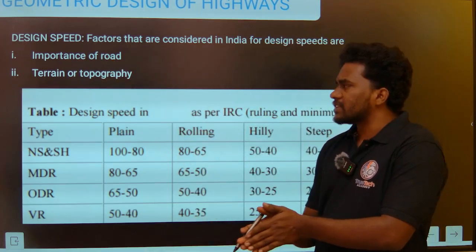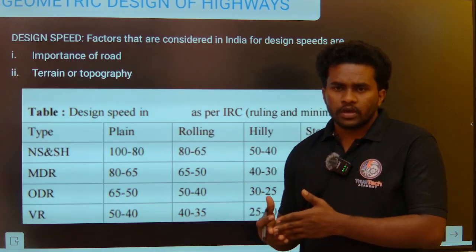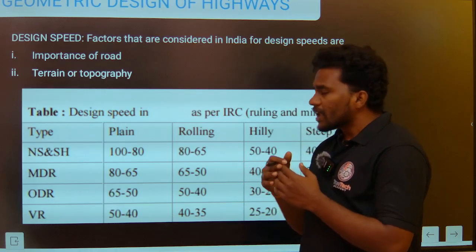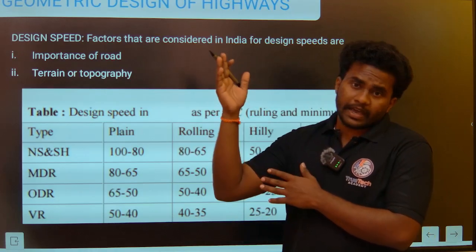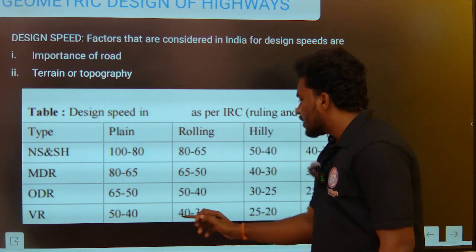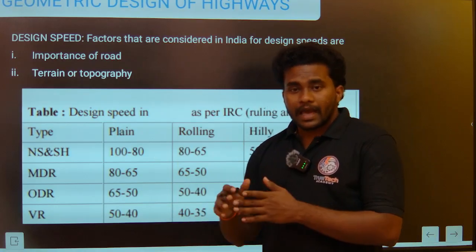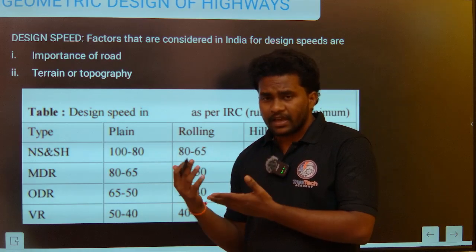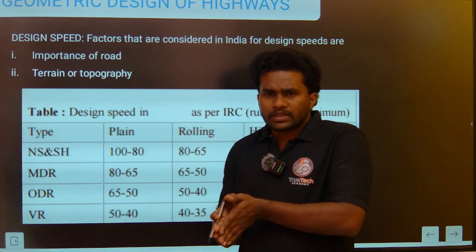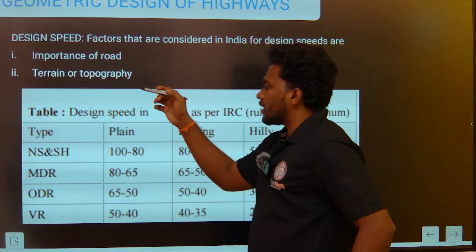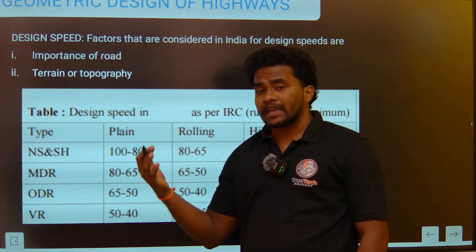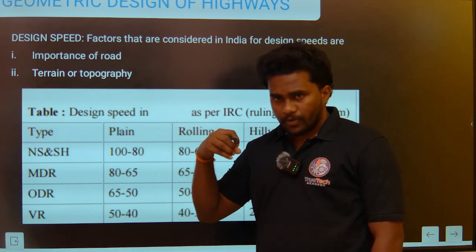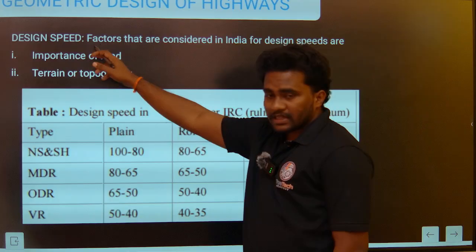For example, if we construct a village road, there is no need for a speed of 100 kmph, so we will design for 40 kmph. And if we construct a national highway or state highway, we have to go with more speed, so we will go with 100 or 80 kmph. So the importance of a road is also an important factor in fixing the design speed.